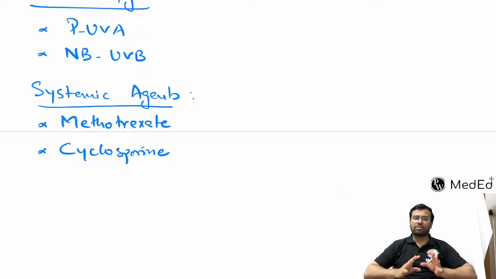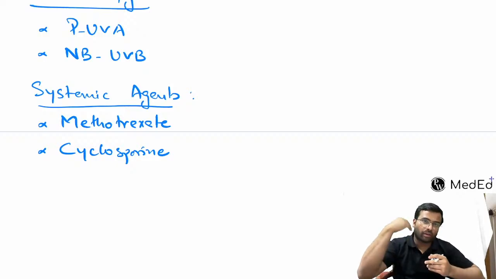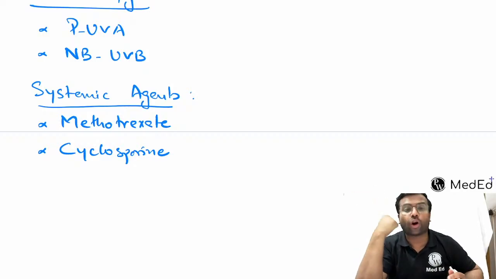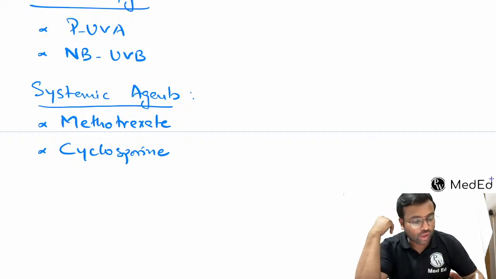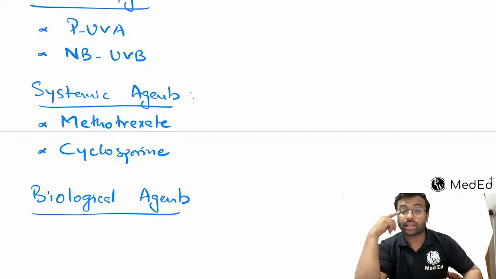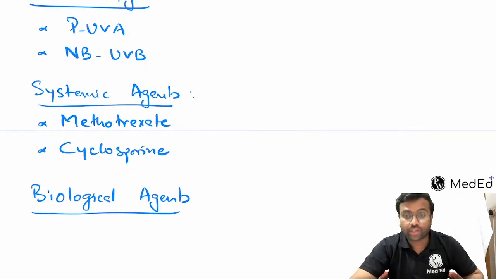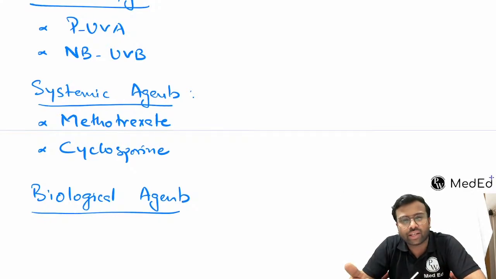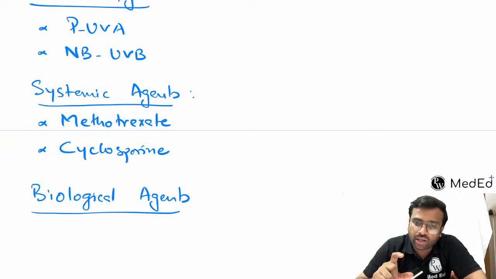Because for your exams, you can get many bonus marks if you add the latest drugs or biological agents. So please always try to write down biological agents at least by name, because there are a lot of biological agents which can be IL-12 or 23 inhibitors, IL-17 inhibitors, PDE inhibitors, etc.